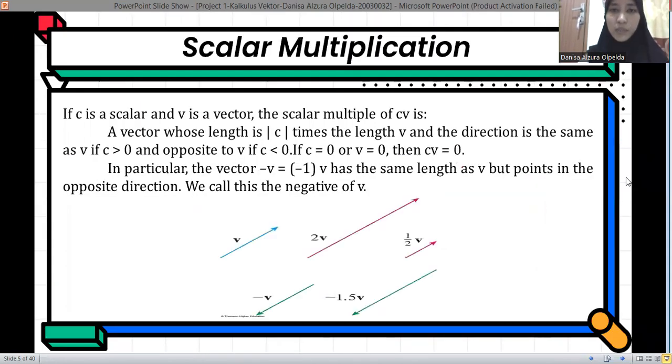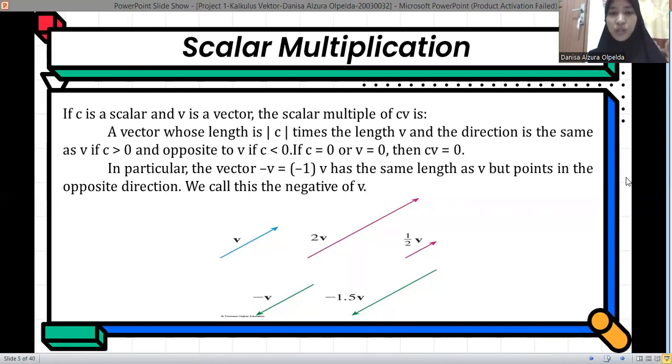Scalar multiplication. If C is a scalar and P is a vector, the scalar multiple of P is a vector whose length is the absolute value of C times the length of P, and the direction is the same as P if C is more than 0 and opposite to P if C is less than 0.